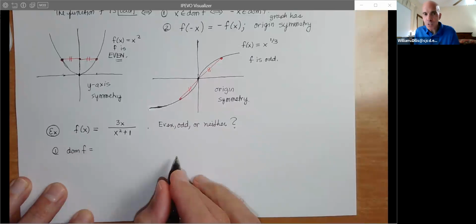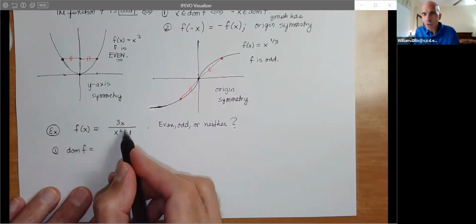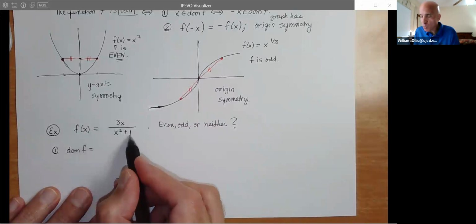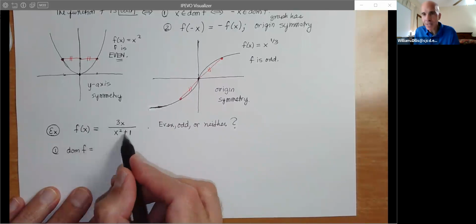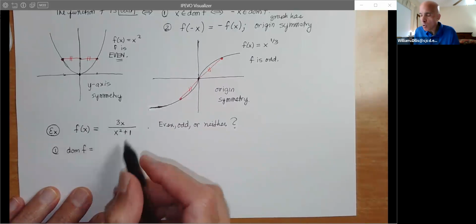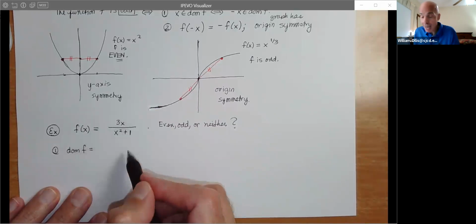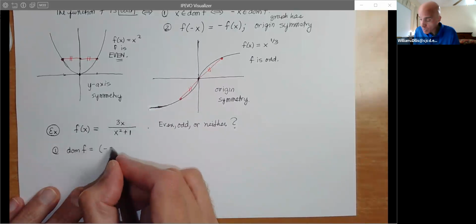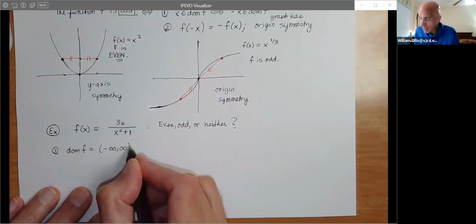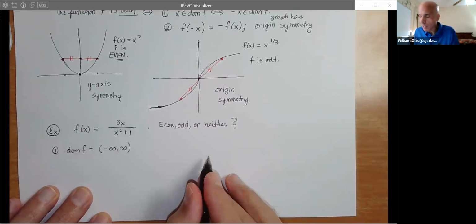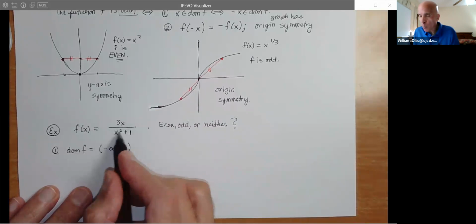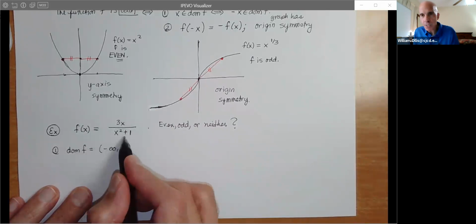Well, this is pretty simple. We have no radicals, and then of course x squared plus 1 is never 0. I mean, that only has imaginary zeros. So for real input, any real input, this has real output. So this is all reals. So that was easy. That was less difficult, I'll say. Again, we look for rational expressions that have zeros in the denominator.